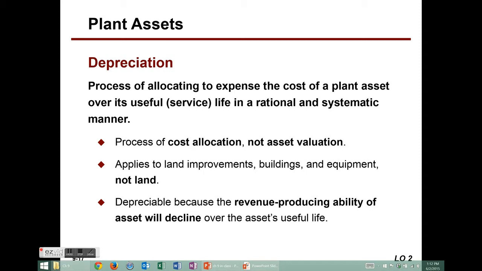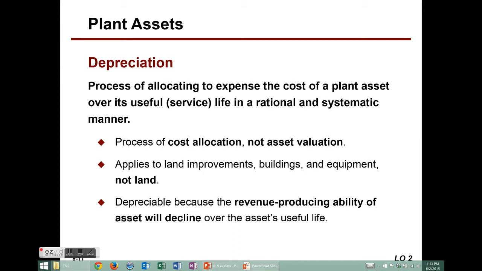All right, so depreciation is not a process of asset valuation, i.e., at no point in time should depreciated asset net cost, so the historical cost less accumulated depreciation, it might not necessarily equal current valuation, and that doesn't necessarily mean that the asset is being depreciated incorrectly.